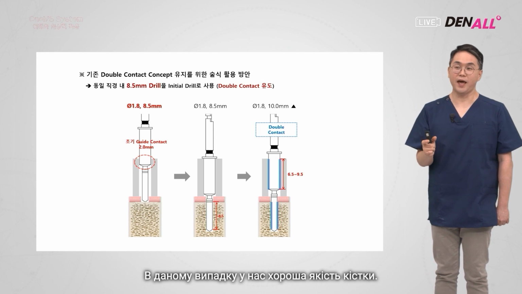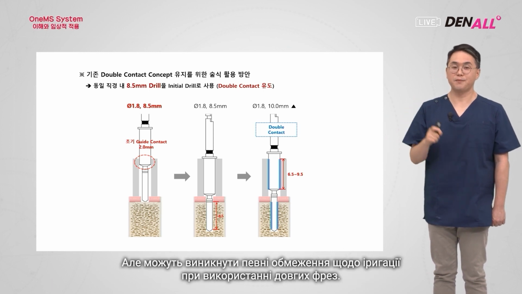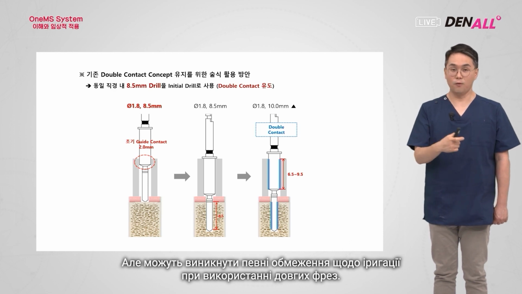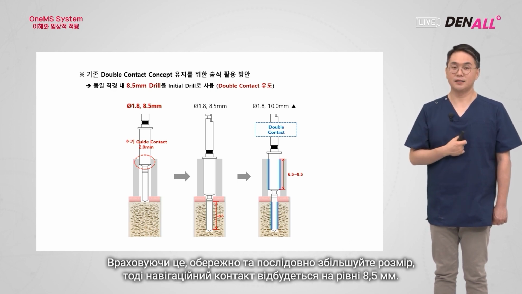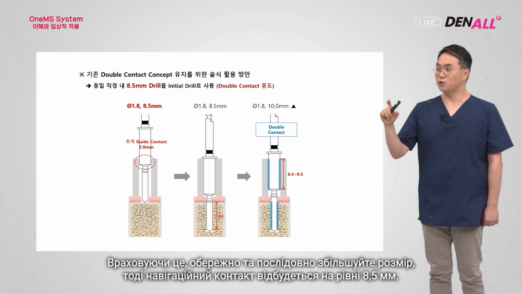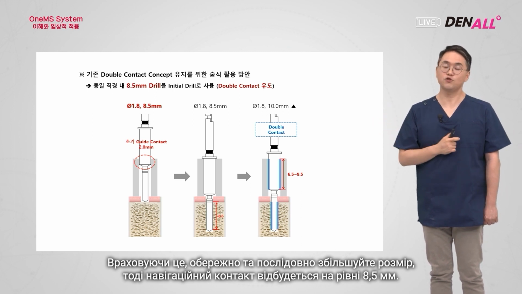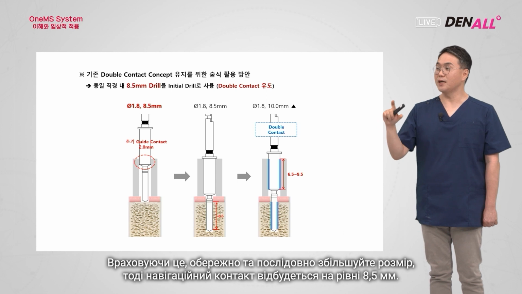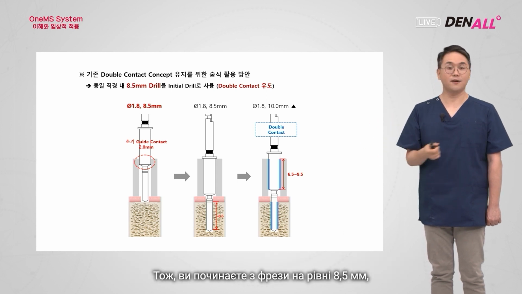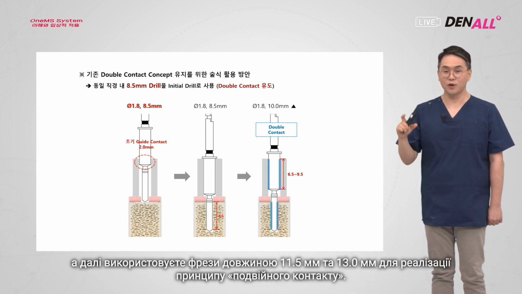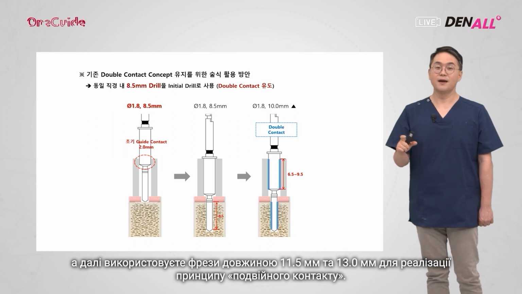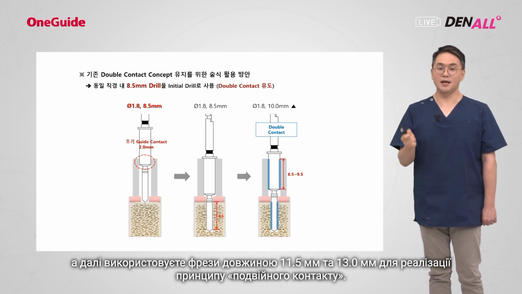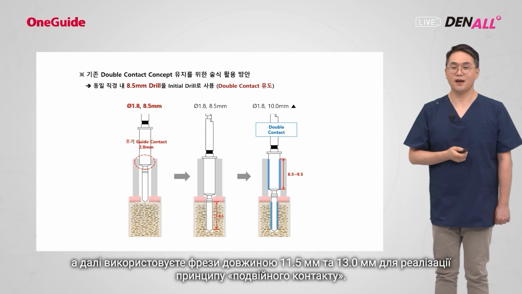And the bone quality here is good, so there could be a limit in irrigation if you use two long ones. Because of these irrigation issues, you carefully and sequentially increase the size. Guide contact would happen with 8.5, so you start with that. And then the 11.5 or 13 drill needs to be used for the double contact concept.